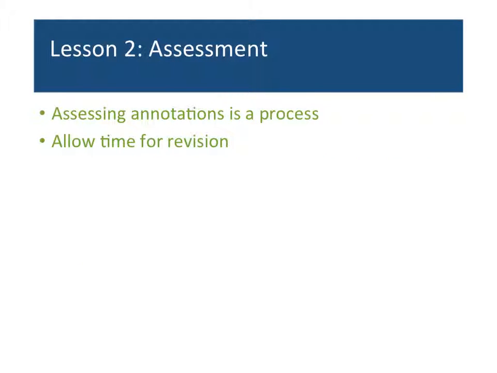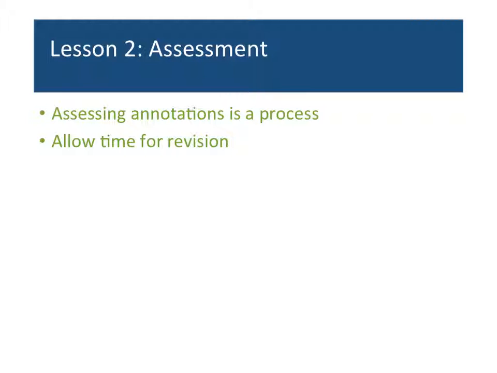There are several assessments of annotations throughout this unit, and I think it's important for you to understand that assessing annotations is a process. The first annotations that you read might not count as a grade for students so much as a progress report. There's an annotation checklist in the lesson plan that you can use as an assessment to say, okay, you've got this part here, but you're really missing this stuff here.